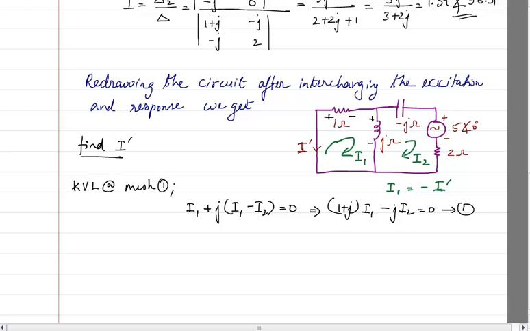For the second equation, the current is going from here, so plus minus, again plus minus.